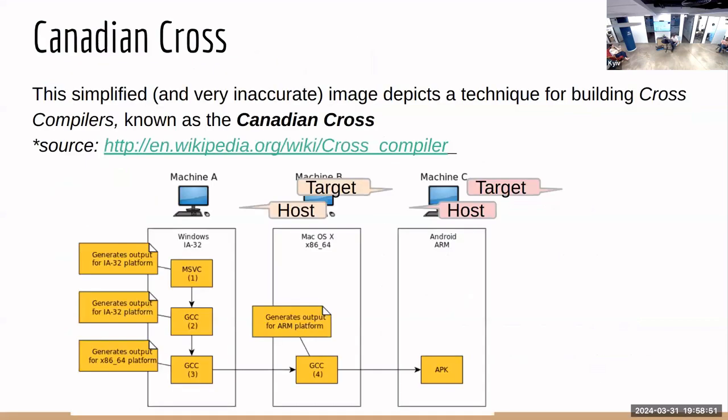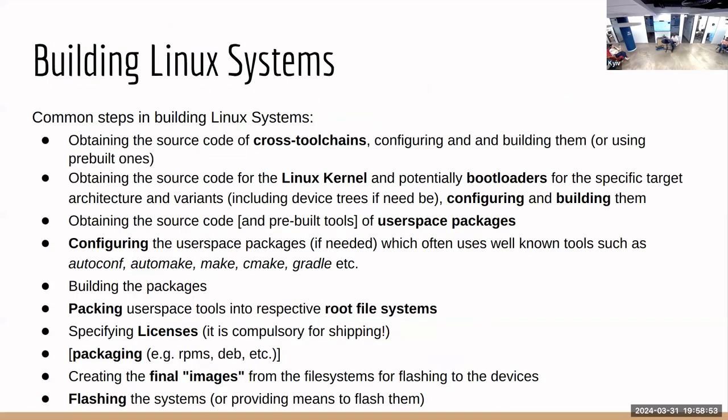Okay, so I'm going to skip this one, but when we talk about building Linux systems, just like we covered with the bootstrap, usually there will be the following steps. We're going to have source code of everything that we want, including the cross toolchains themselves, and start from something.